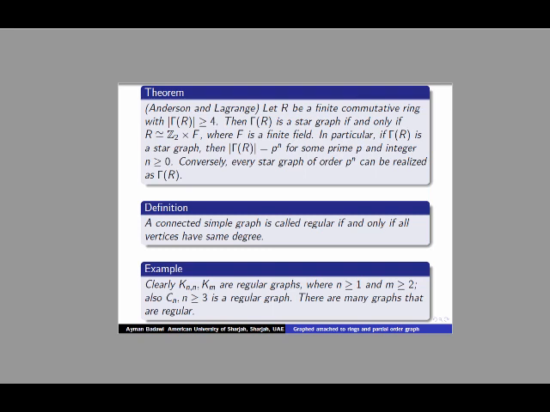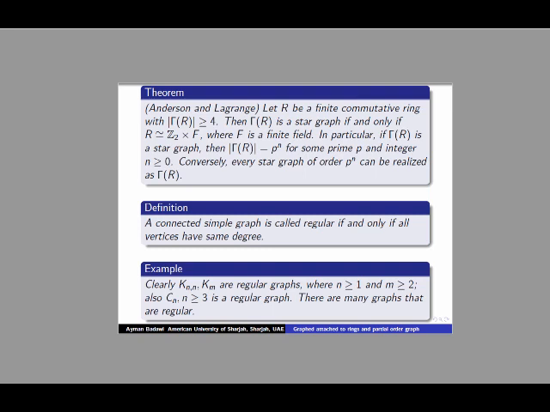And remember that the number of vertices is the number of the non-zero zero divisors of the ring. So what does that tell me? If you are looking at a ring with 15 elements, then definitely the zero divisor graph will not be a star graph.